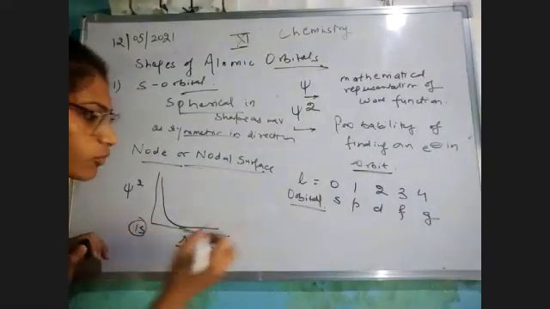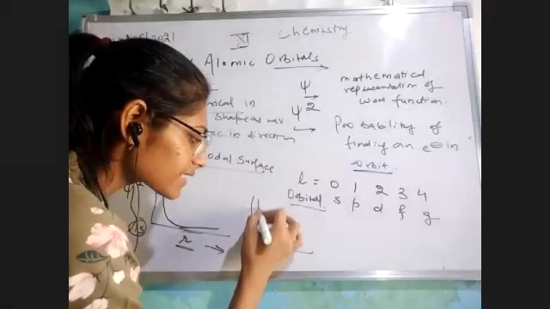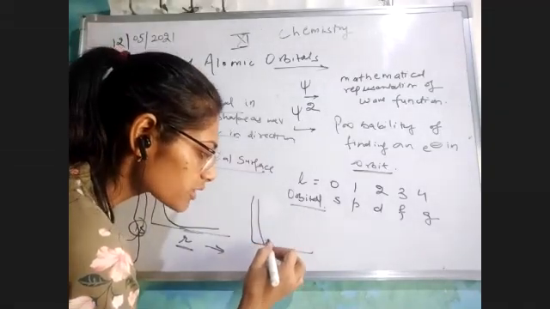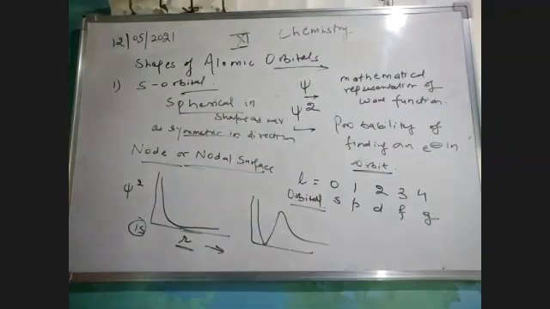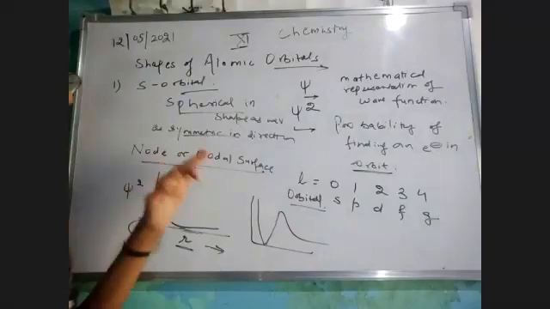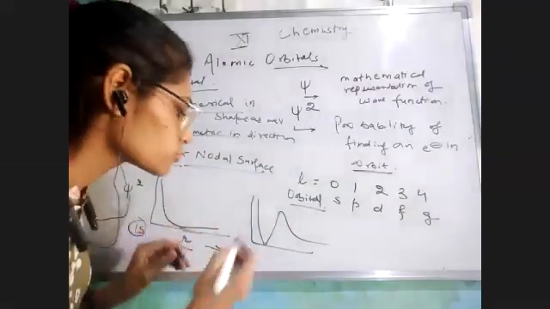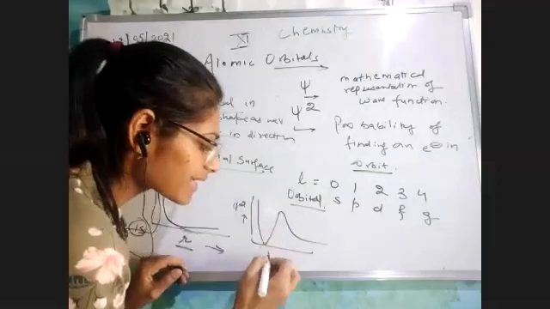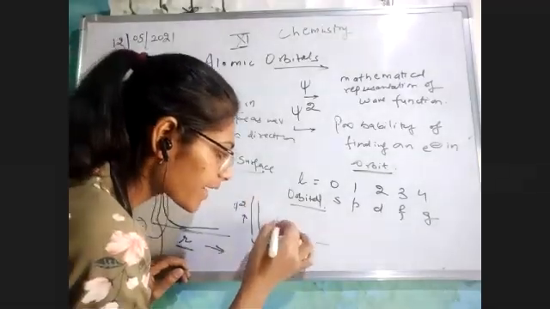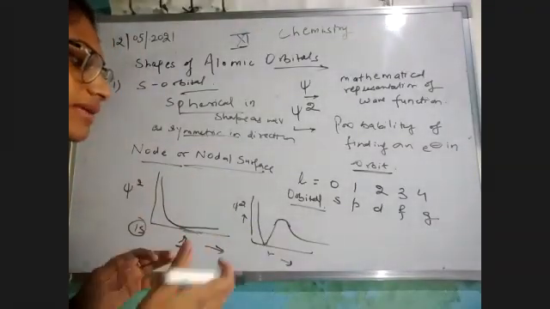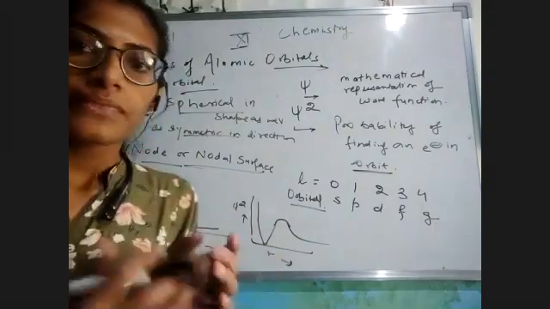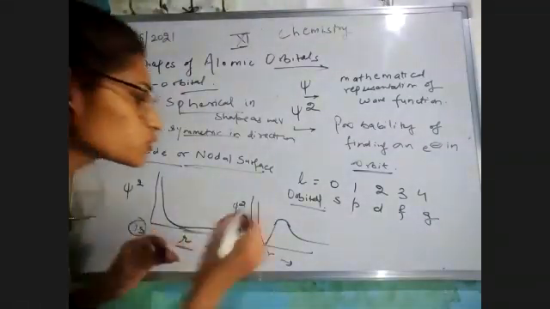If I'm talking about 2s, the probability goes almost to zero, then reaches a maximum, like this. So first the probability is maximum, then it decreases almost to zero, then reaches a peak, and then it starts decreasing. This graphical representation I'm showing is for 1s and for 2s.